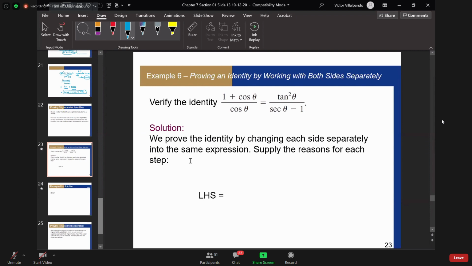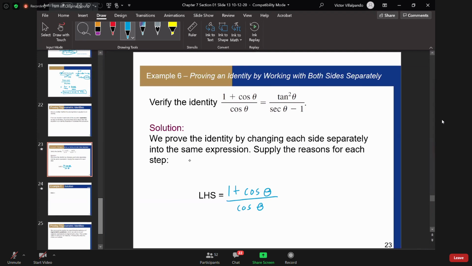All right. So left hand side, let's go ahead and start with 1 plus cosine theta over cosine theta. That's all they gave us. Let me fix that theta up here. It's supposed to look like a pokeball, right? So here we have 1 plus cosine over cosine. First things first, let's break this fraction apart.